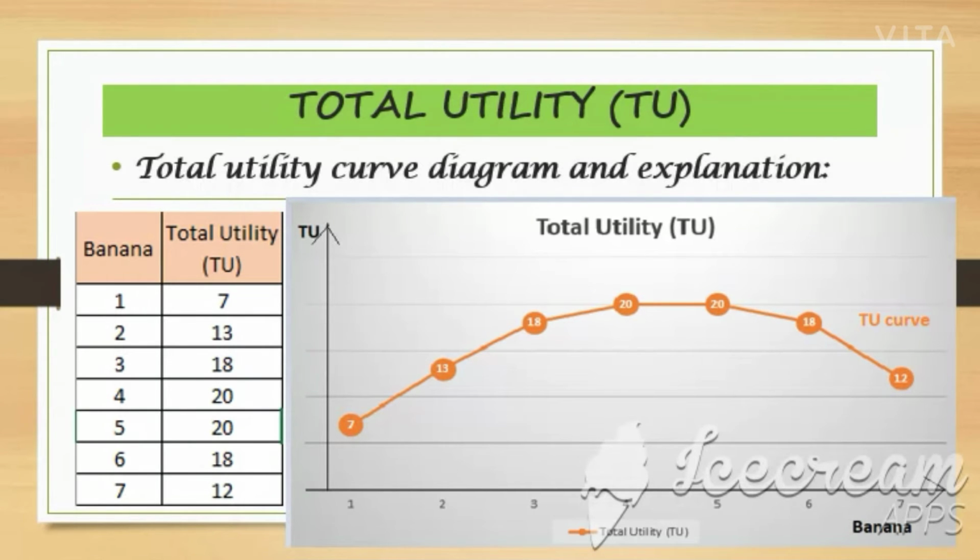From 4 bananas to 5 bananas, the total utility remains constant at 20 utils, because the consumer is saturated now. When she consumes 6 bananas, her total utility starts to fall to 18 utils, because now as her consumption increases, she feels bad, so her total utility starts falling. So this is why the total utility curve is an upside down U shape.